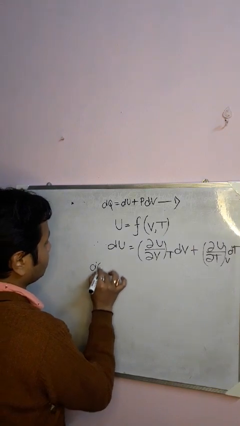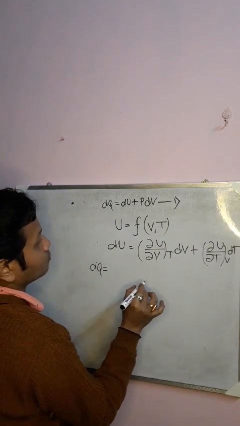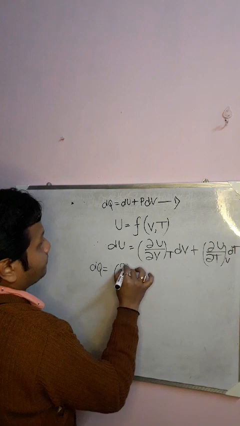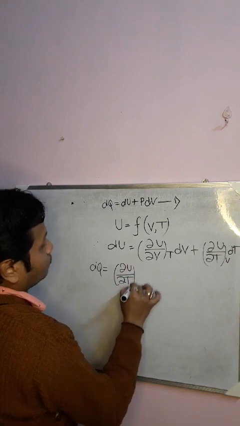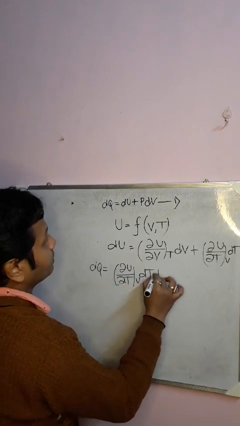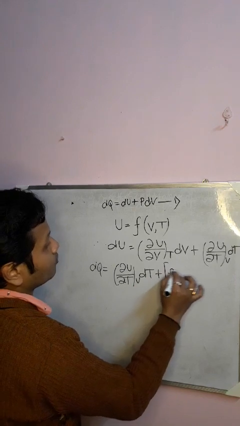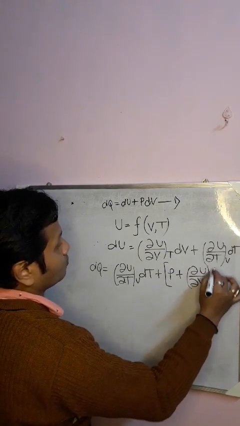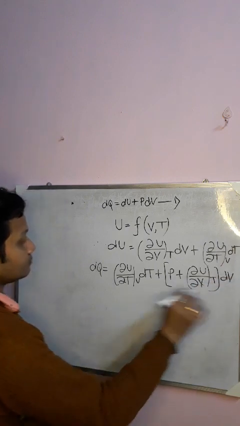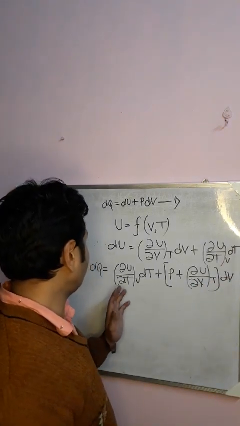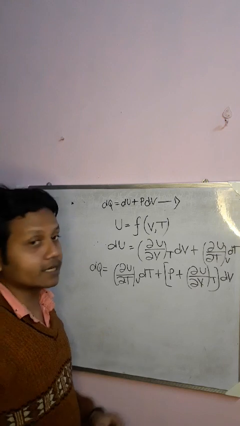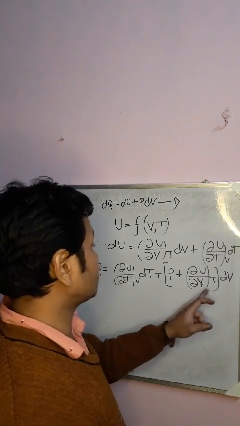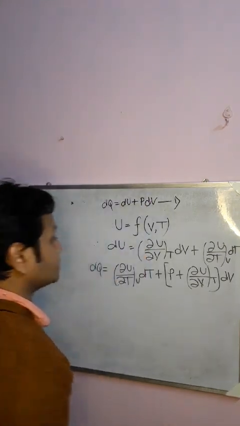So what we get? dQ equals, if we take dV common, then it would become this: (del U/del T) at constant V dT plus [P plus (del U/del V) at constant T] dV.